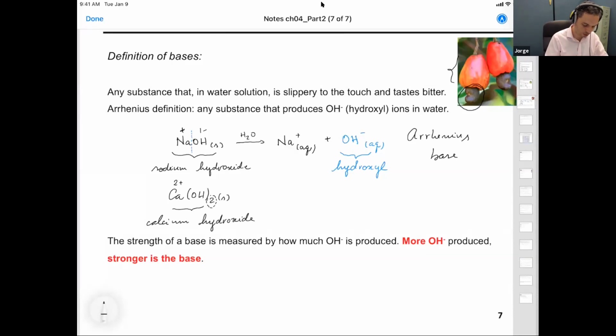Now let's dissolve calcium hydroxide in water. So let's represent it this way, water over the arrow.